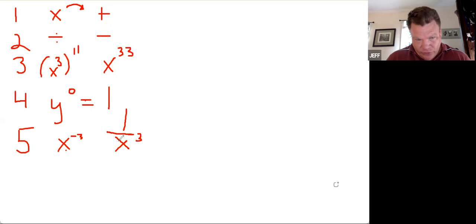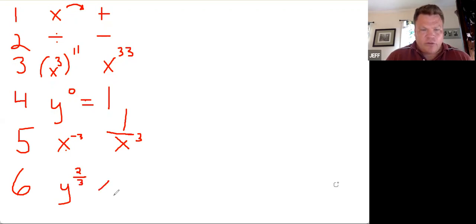And if there's some math to do down here, we do it. And the 6th and final one is, let's do y to the 2 thirds. We draw the radical sign or the house or whatever. The base goes in there because the base stays. Down number gets kicked out, top dog stays.